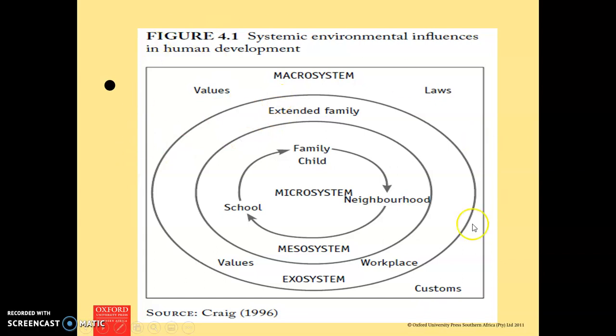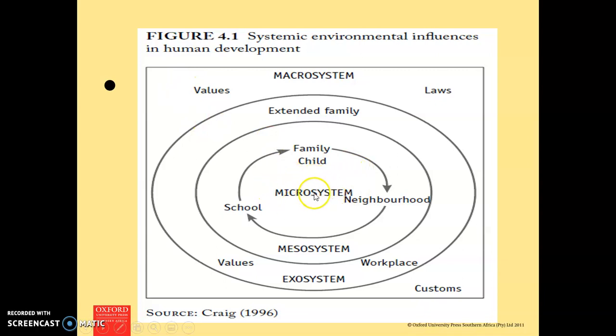So as you can see in the textbook, it's showing this kind of picture where the influence is actually in circular motions. Start with the micro. Micro is at the center, and moving a little bit farther is the mesosystem, then a bit farther the exosystem, and a bit farther the macrosystem. So the largest influence may come from custom, law, and values.